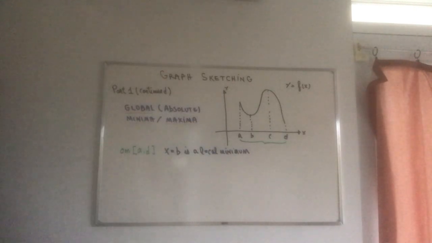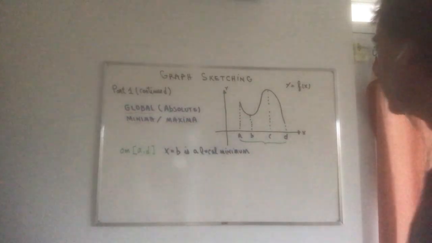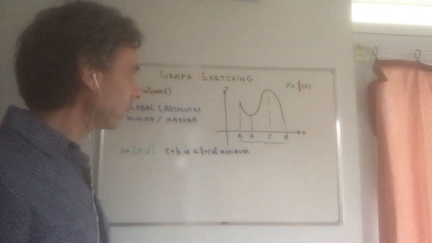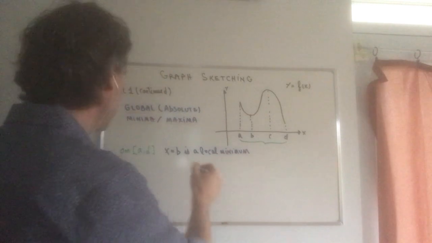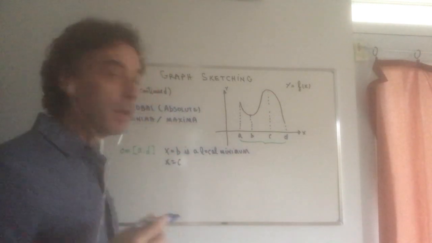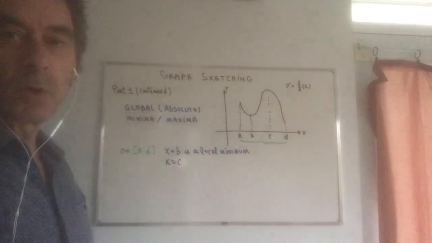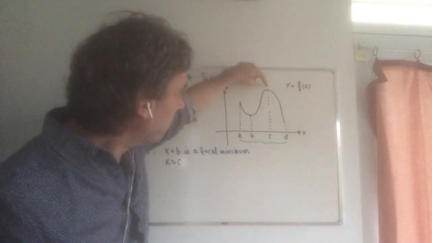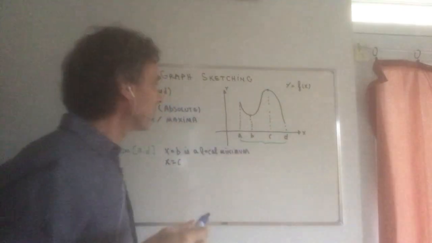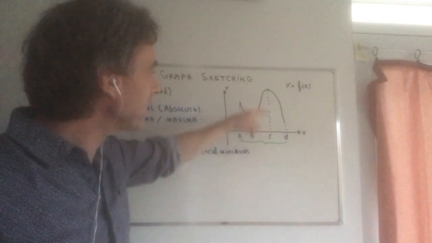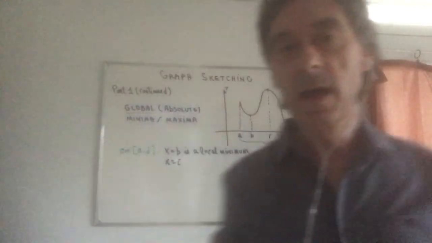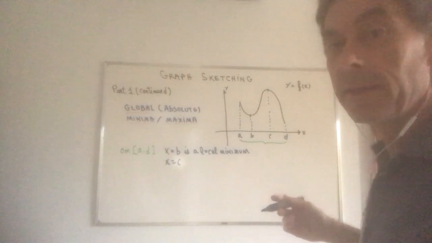So we have that. What else do we have? Look at this graph. We have another point that we can probably recognize as having some importance here, namely the point C. What is the point C? Well, the point C lies right there in terms of y value. So it is C comma f of C, and f of C is a local y value that is pretty high, isn't it?